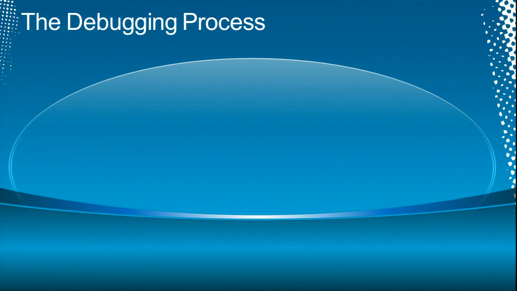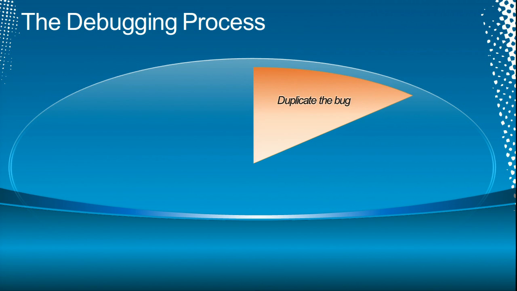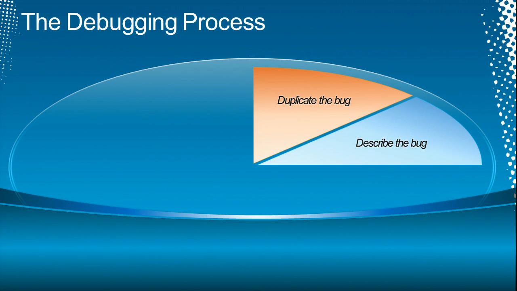So I'll go through the big debugging process I think of, and I'll go through the simplified version. Obviously, the number one step is we need to be able to duplicate the bug so someone else can do it. We know the steps it takes to make it happen. We have to be able to describe it. And in the internal troubleshooting team within Windows, we consider that to be a priority 0 interrupt.